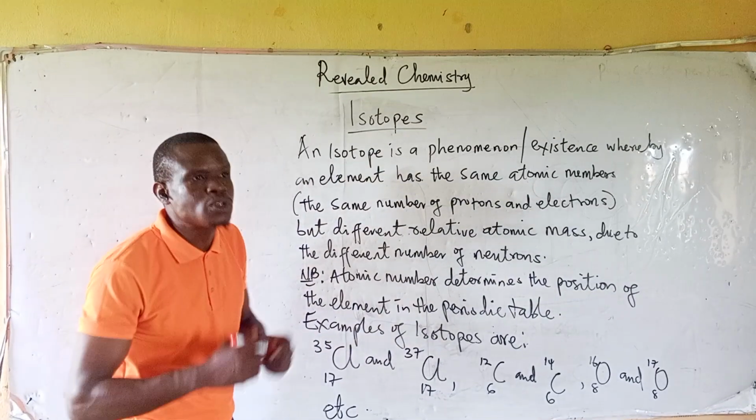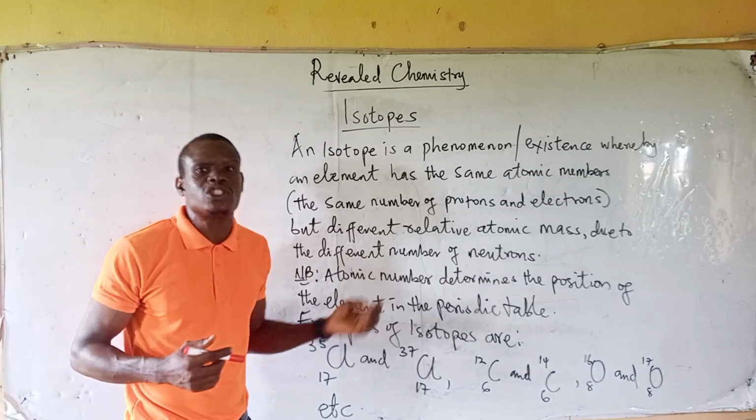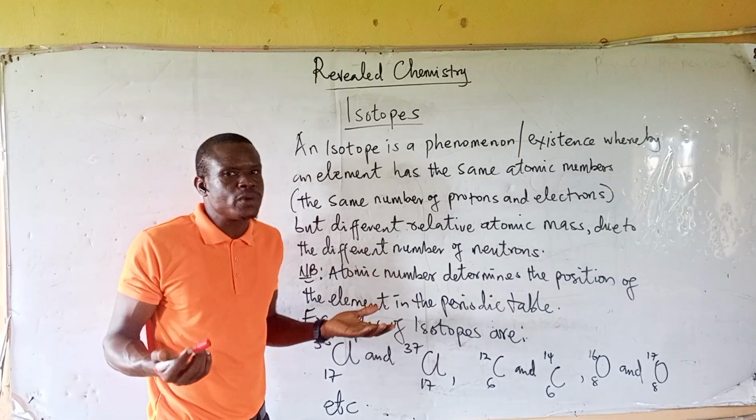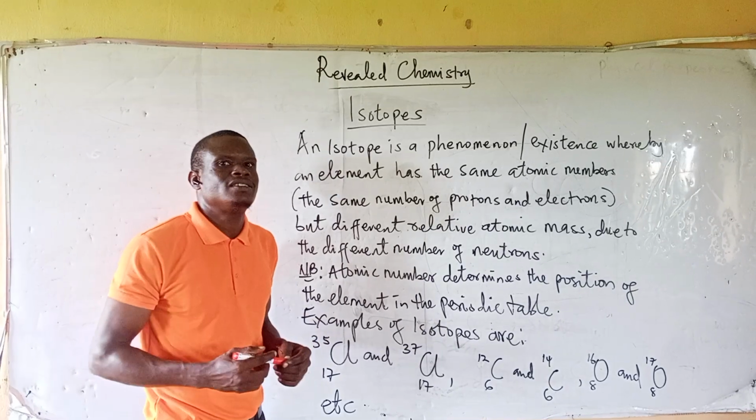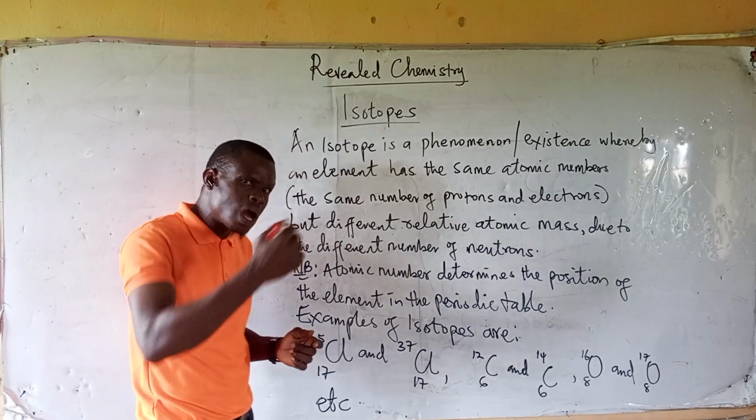Also remember that some students make mistakes when it comes to isotopes. They say that isotope is a process. An isotope is not a process. It's an existence or a phenomenon of that particular atom.